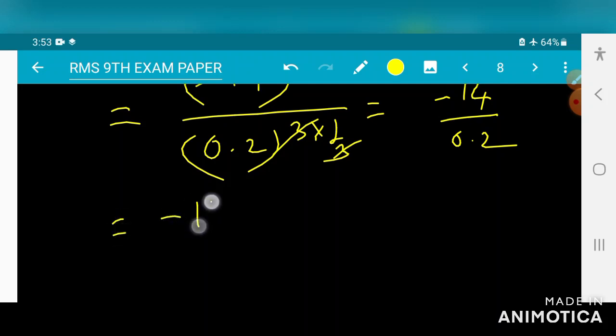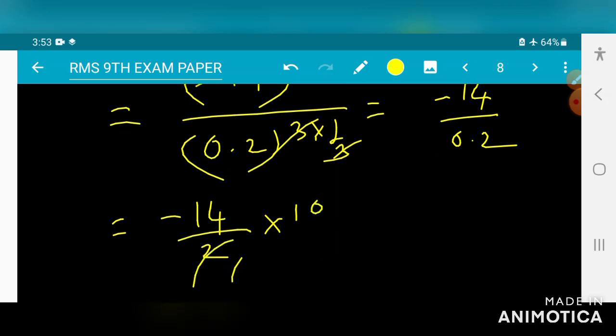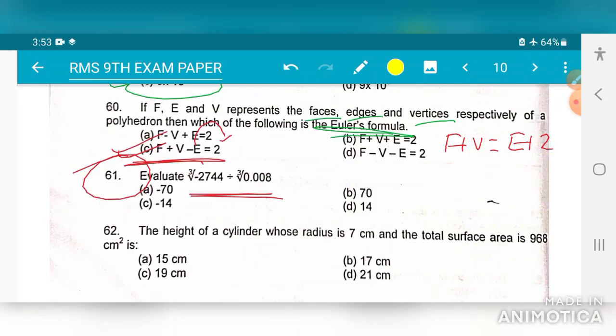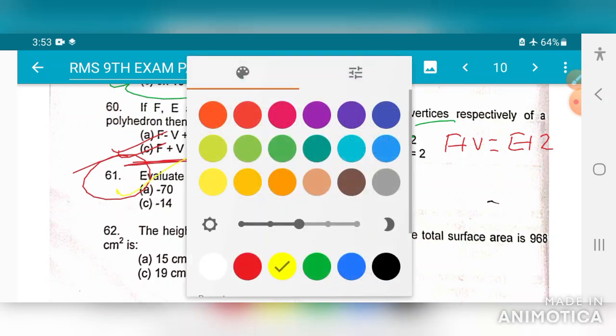Minus 14 by 0.2 means 14 by 2 by 10. 2 fives are 10, 14 fives are 70. Minus 70 is the answer. A1 is the answer.